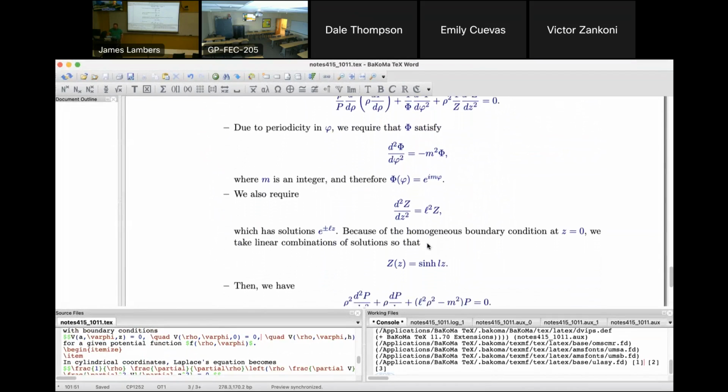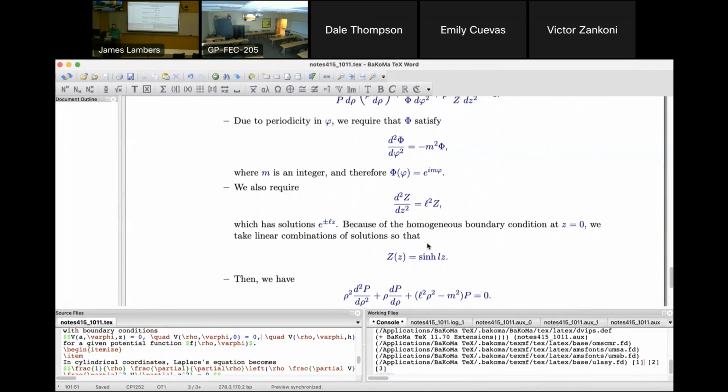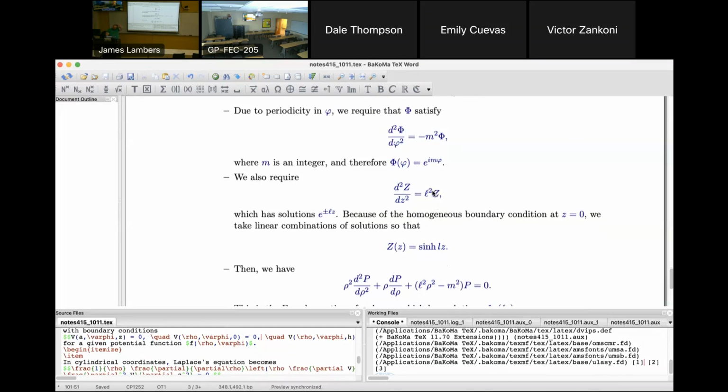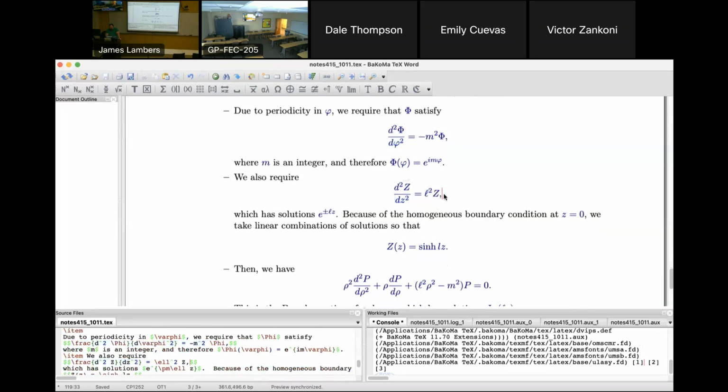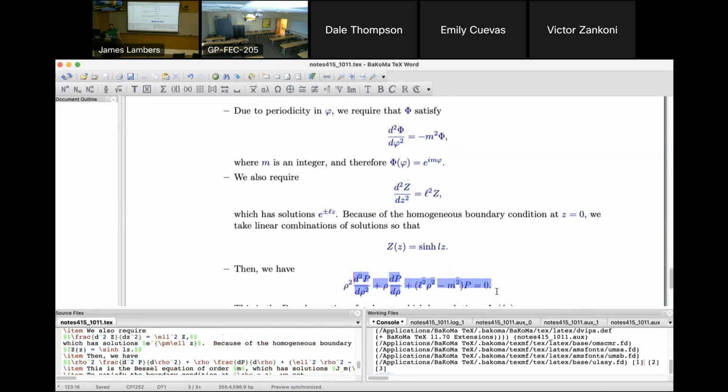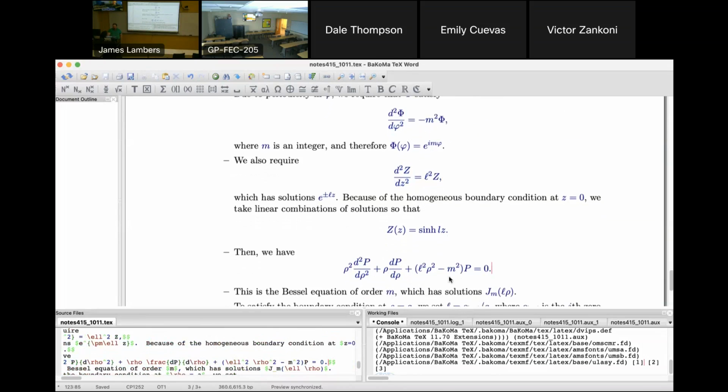So taking care of one of our 3 boundary conditions, we've ensured periodicity in the phi variable, the angular variable. So we're getting there. Now, with these substitutions taken into account, this is what we have now. So now we have an ODE, where the only variable for which we haven't solved yet is capital P. But this is a Bessel equation, order m.